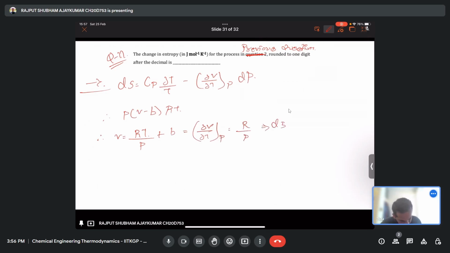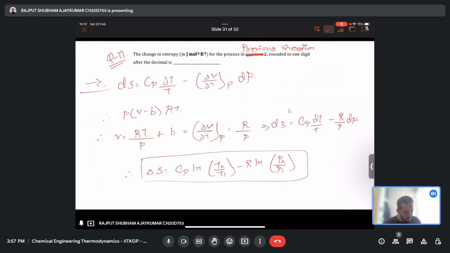This gives dS equal to Cp dT by T minus R by P dP. Okay, so this is the change in the entropy.